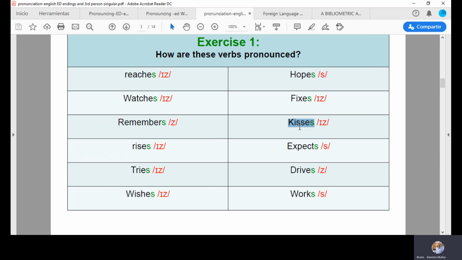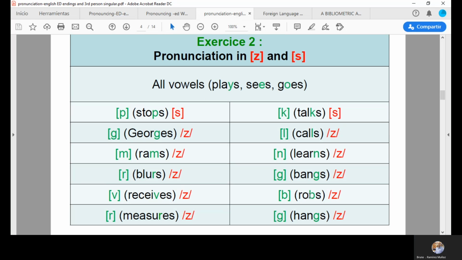When we have to think about a voiced z, we think about remembers, right? I would say tries. I would say drives. And when we're just using a voiceless s, we think about hopes ending in p, right? And works.